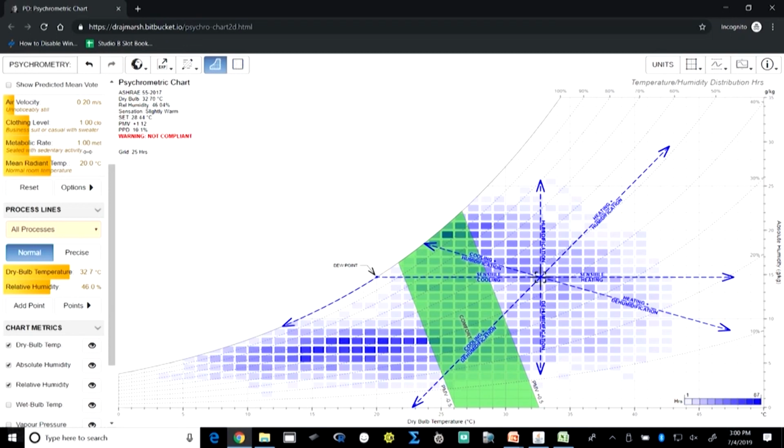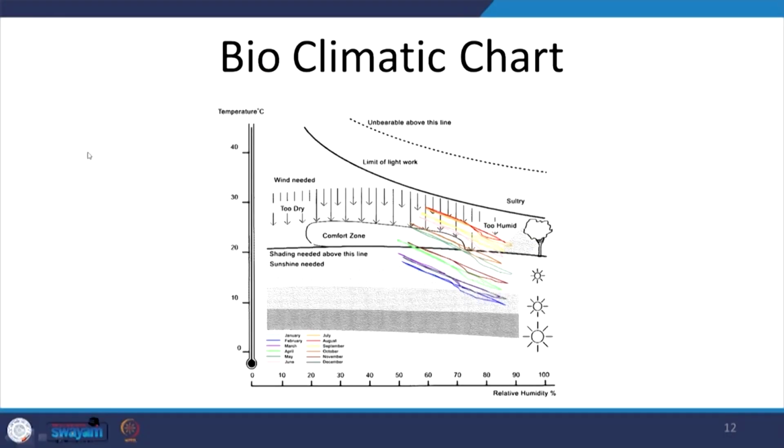Now, if we go back to another tool which takes it forward from the psychrometric chart, one we have is the bioclimatic chart. If we look at this bioclimatic chart, it very clearly tells us the comfort zone, where on these axes we have the dry bulb temperature and relative humidity.